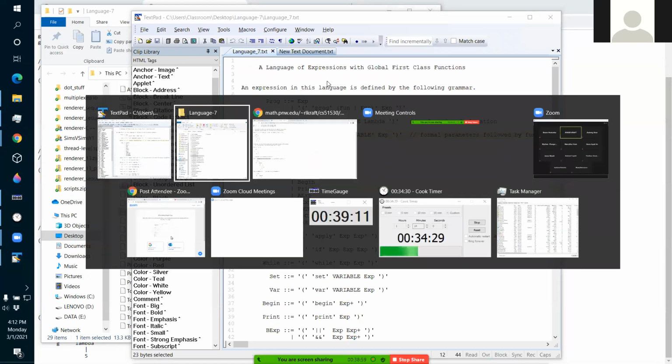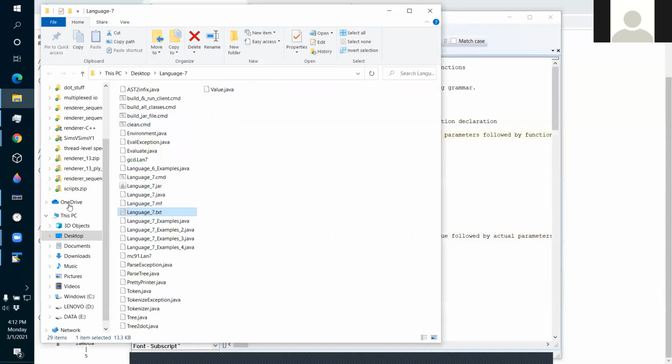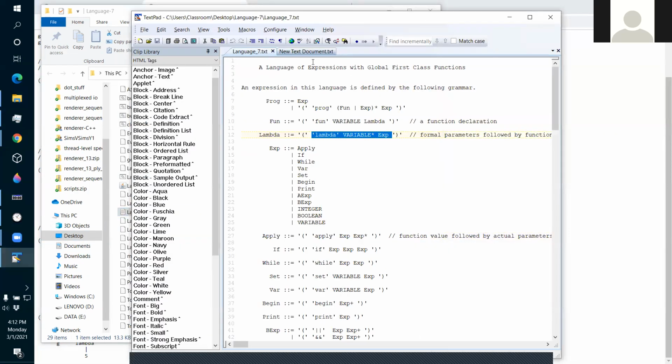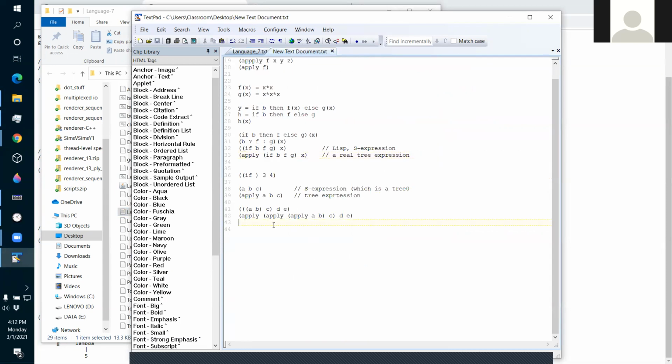Now, here's another interesting thing. If we go back to why we use the apply, here's another way. Think about this. Here's a lambda expression. I'll write it this way: lambda x, x times x times x. So there's the cubing function. I didn't give it a name.